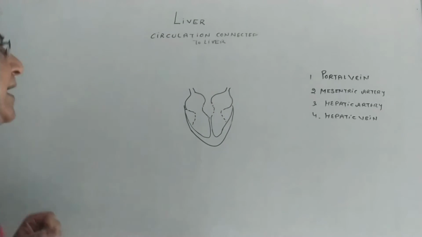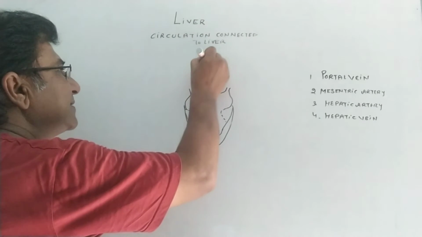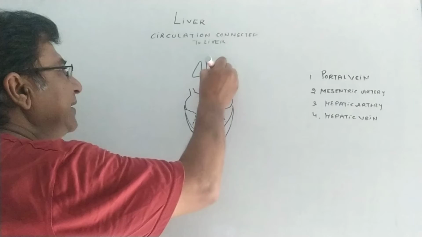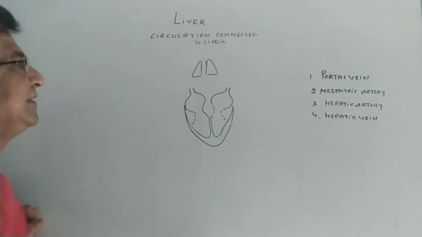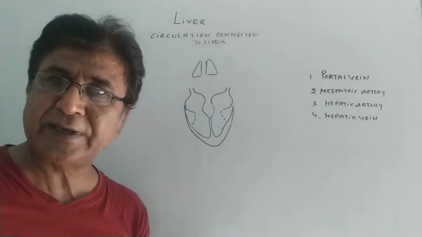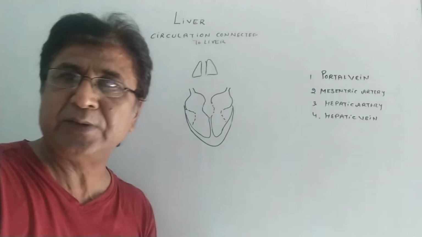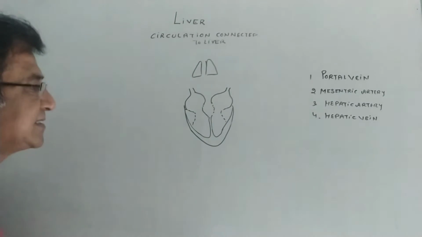This is the heart, and let's suppose that these are the lungs. Although the heart is present in the cardiac notch of the left lung, we are making a separate diagram of the heart, and we are showing the lungs just above the heart, just to understand.